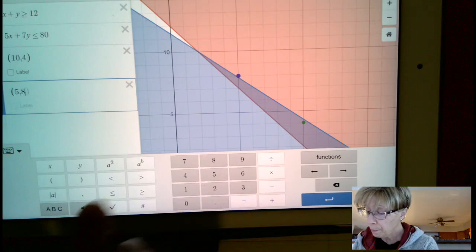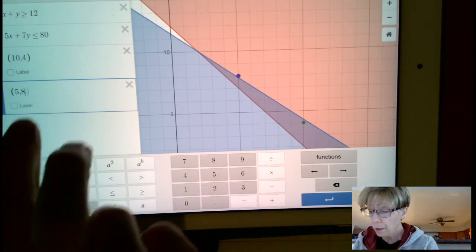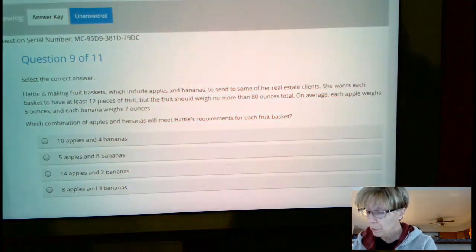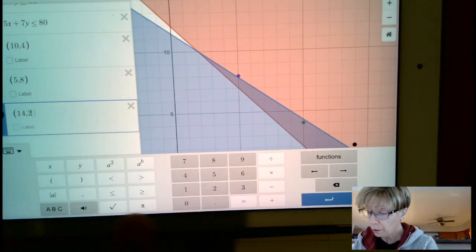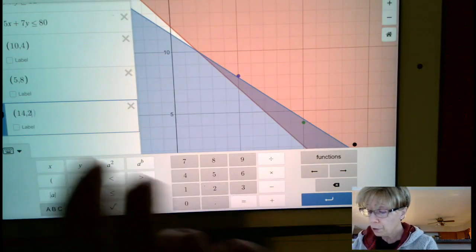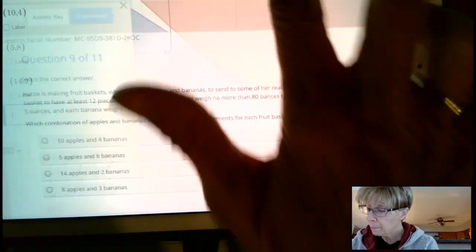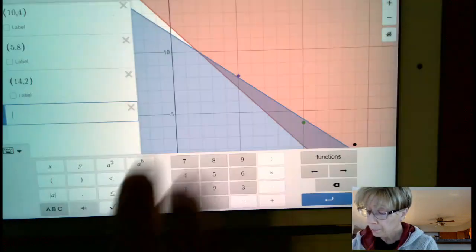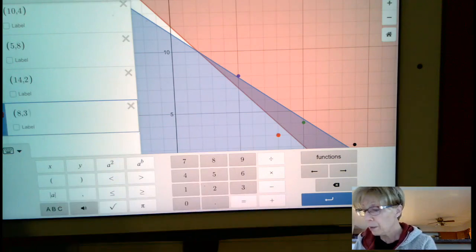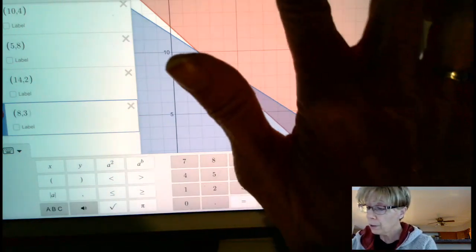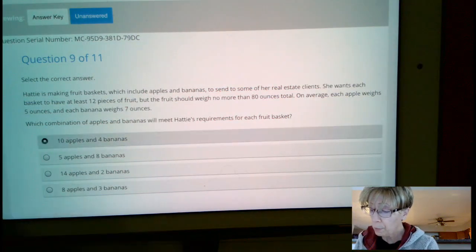It's not within. 14, 2. Just checking. I still think it's the green point. 14, 2, definitely not. And 8, 3. Again, not. So our answer on this one is 10 apples and 4 bananas.